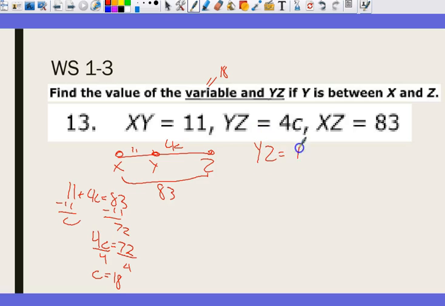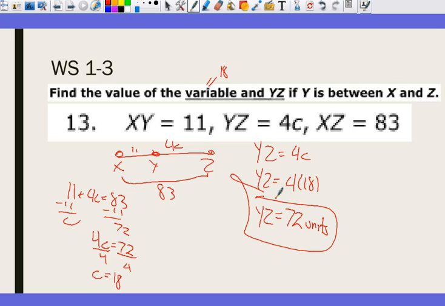The measurement of YZ is 4 times C. So the measurement of YZ is 4 times 18. The measurement of YZ is equal to 72 units. You need to have this and this.